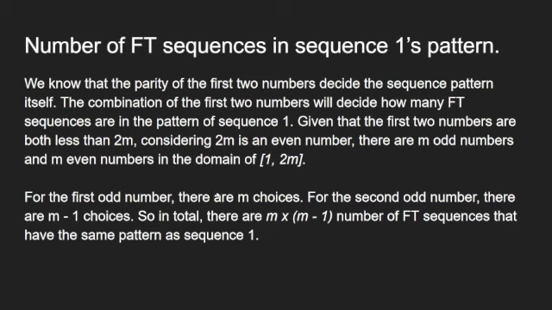So once we pick an odd number from 1 to m, then that is already picked, and there's one less choice because we already picked it. So this is m minus 1. Right? Yeah. Okay. Do you have any other questions? No. Okay. So it's clear. I think we're good.